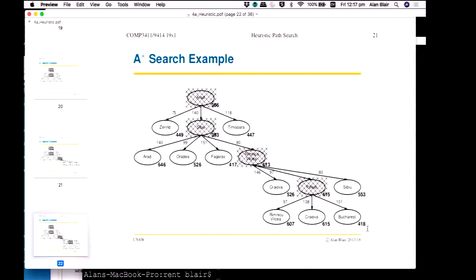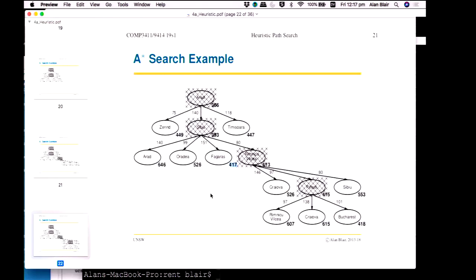And then we get to Bucharest. Now again, we have this issue. We can't stop yet because we know we have a path to Bucharest which is 418, but our current estimate of the path through Fagaras is 417. And so we have to expand.